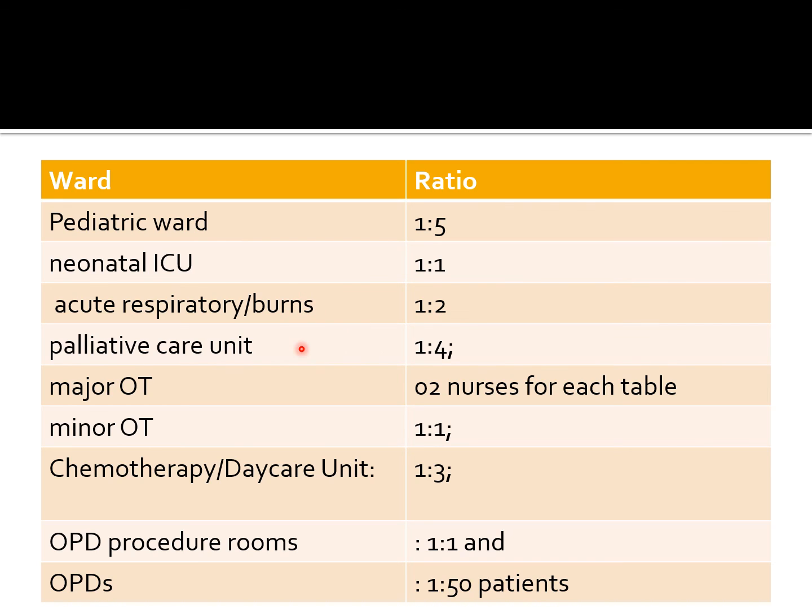Palliative care units, 1:4. Major OT, 2 nurses must be available for each table. In minor OT, 1:1. Chemotherapy or daycare unit, 1 nurse for 3 patients. OPD or procedure room, 1:1. And OPD, 1 nurse for 50 patients.